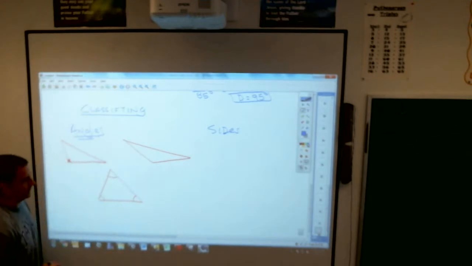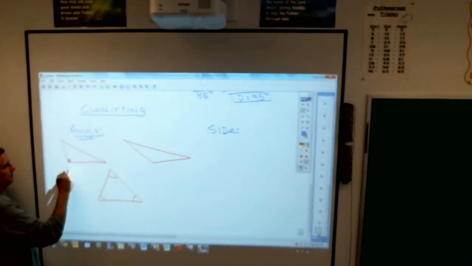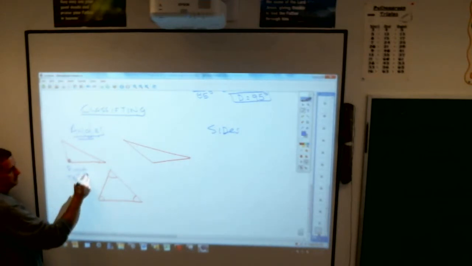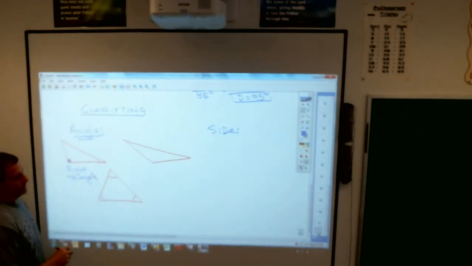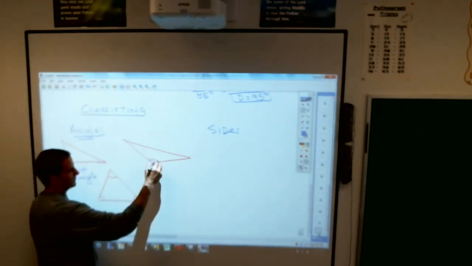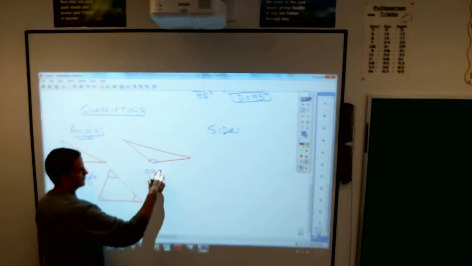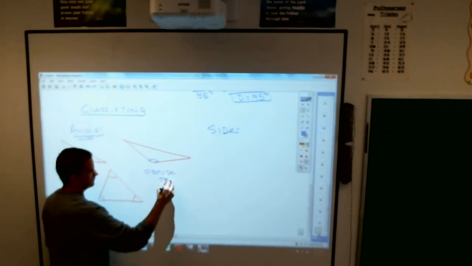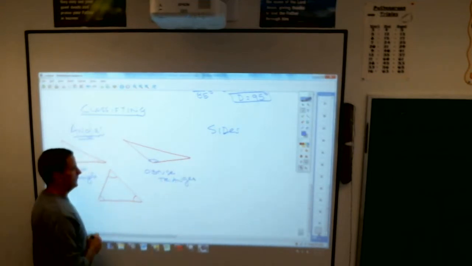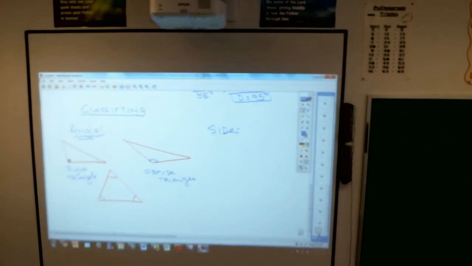Well, if it has a right angle in it, Carter W, it's called a right triangle. If it has an obtuse angle, believe it or not, it's called an obtuse triangle. And if it has all equal angles, oh wait, sorry.